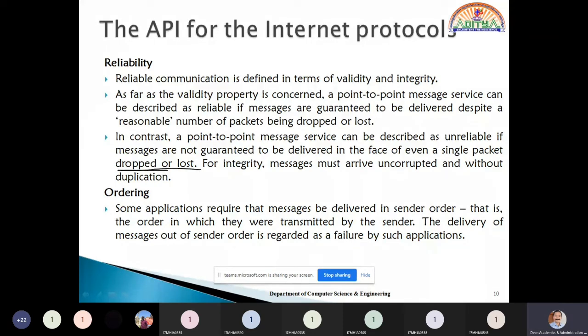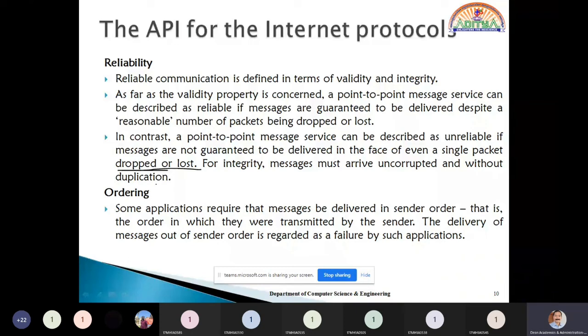For integrity, messages must arrive uncorrupted and without duplication. All the packets I am sending should reach the destination without being corrupted or duplicated.